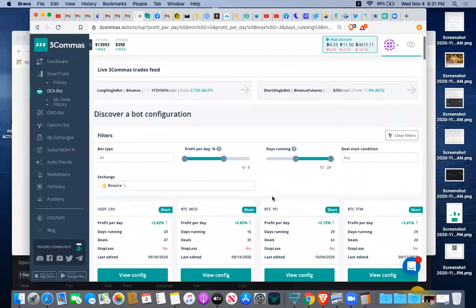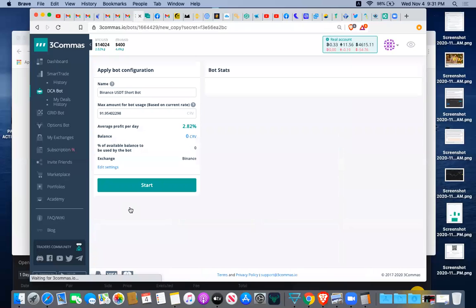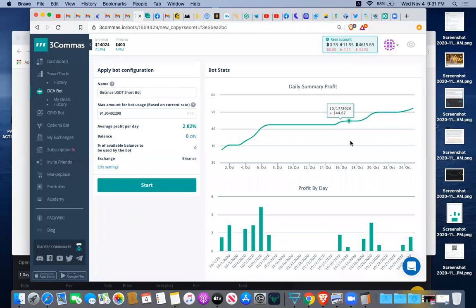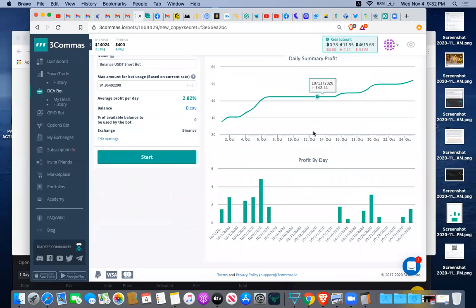Okay, for the purpose of experiment, let me click on this USDT CRV. You see the algorithm is a short trade. Look at this, this is the summary of that person. You can see the summary of that person. This is a summary of that bot, which the person has run since the 2nd of October to 25th. I think it continues.